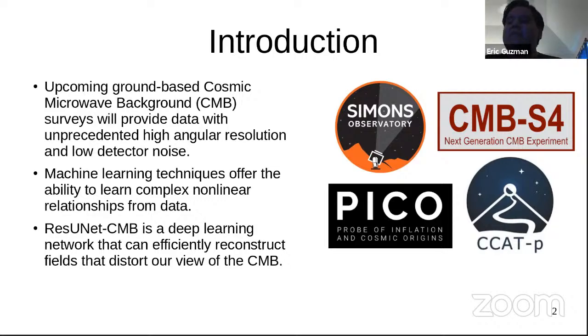So today I'll talk about reconstructing patchy reionization in the presence of lensing using a deep learning network called ResUNet-CMB. ResUNet-CMB efficiently and simultaneously reconstructs multiple distortion fields of the CMB, such as the lensing potential and the patchy tau, which is the variation of the optical depth.